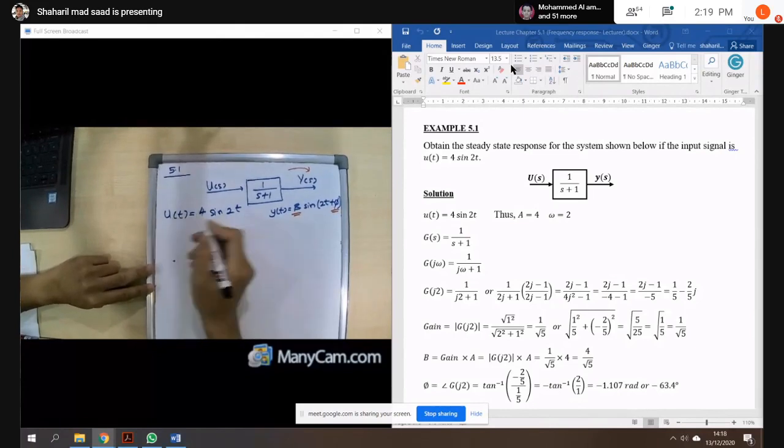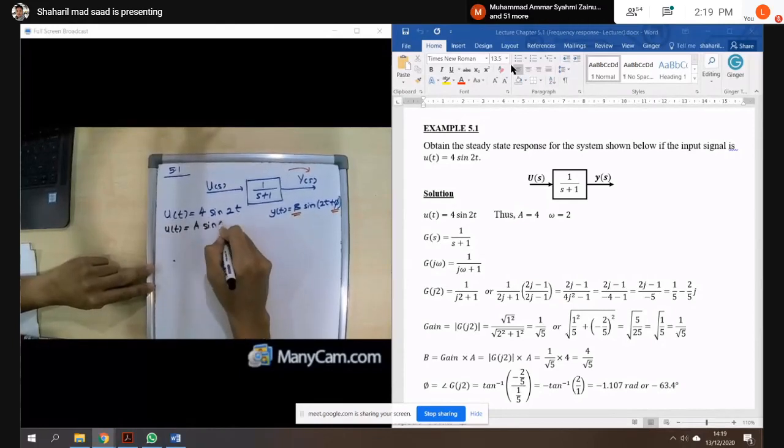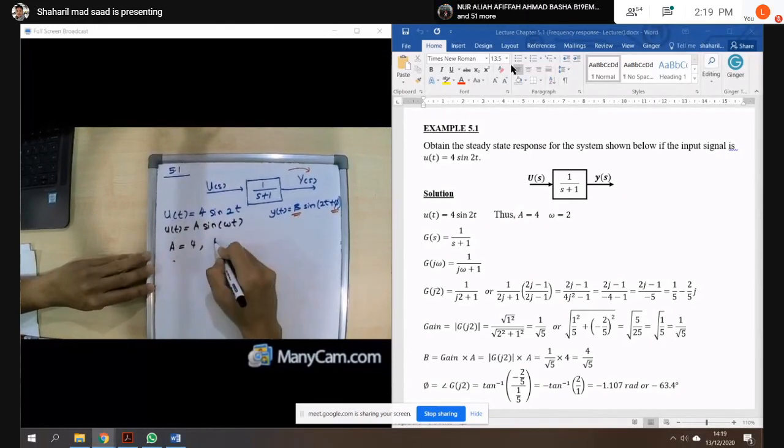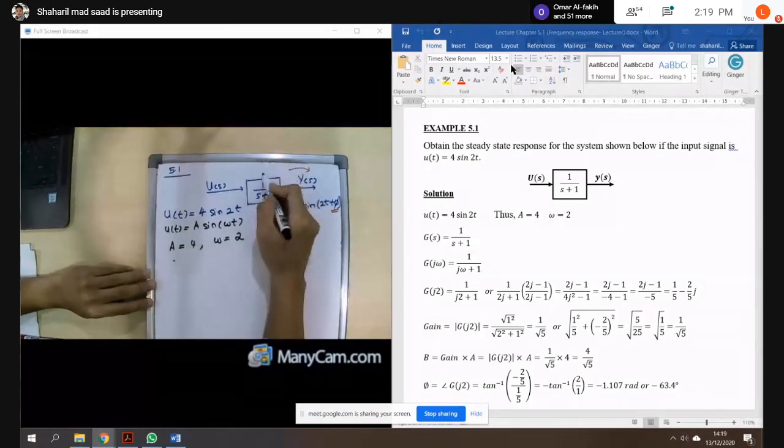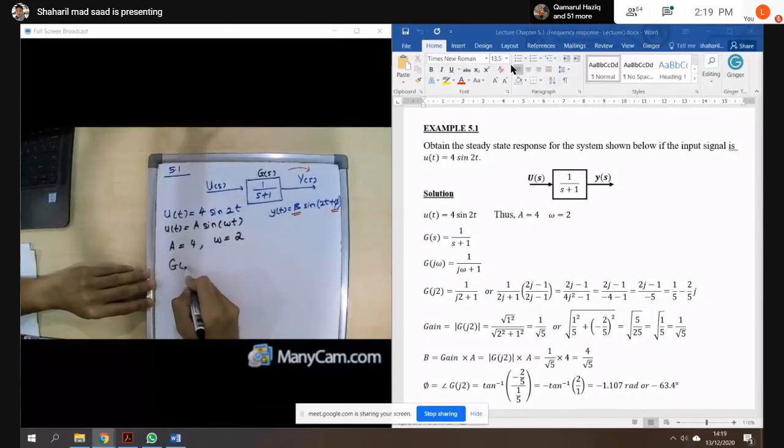Here u(t) = A sin(omega t), so A equals 4 and omega equals 2. Let's say this is your G: G(s) = 1 over s plus 1.